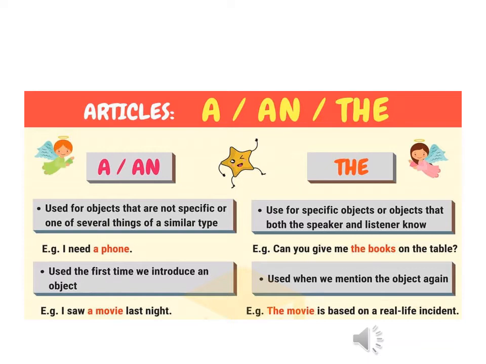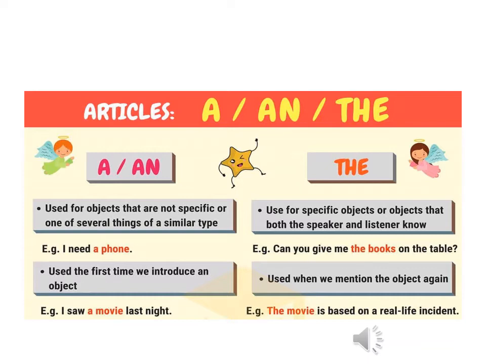So for instance, I need a phone, I need a shoe, I need a dress, something like that. And also we could say that I saw a movie last night. We could say that I need a book. Got it? And then when it comes to the, there is a specific reason why we use it.